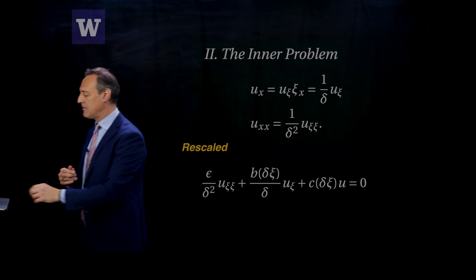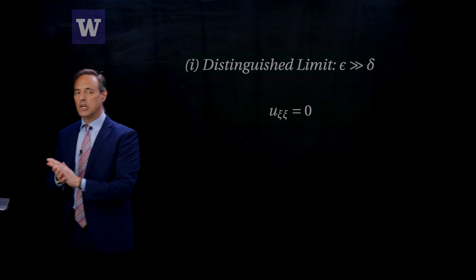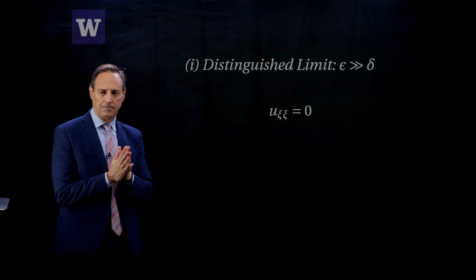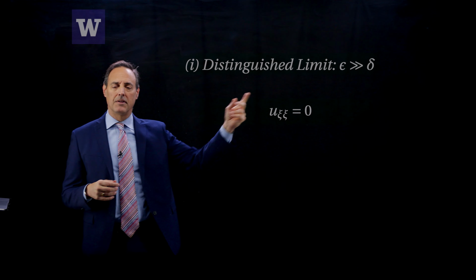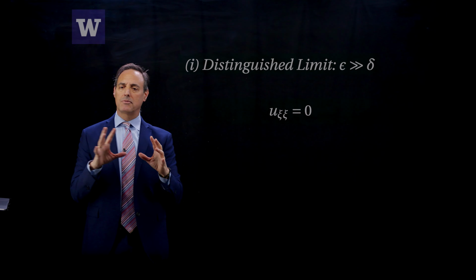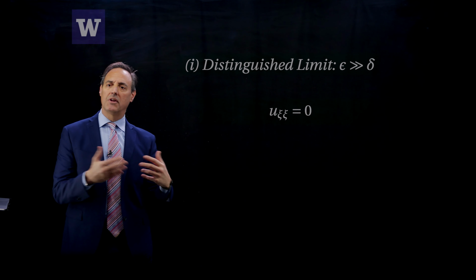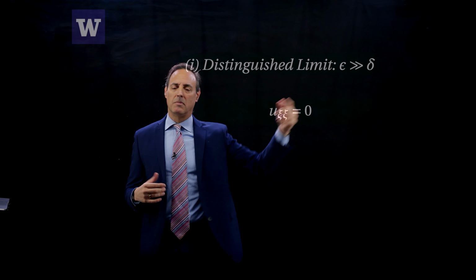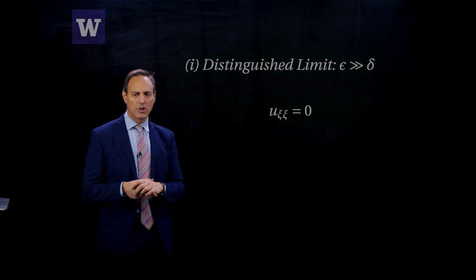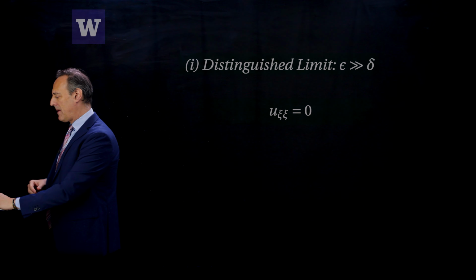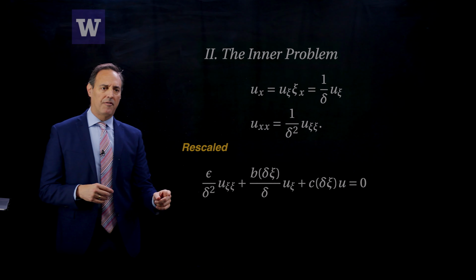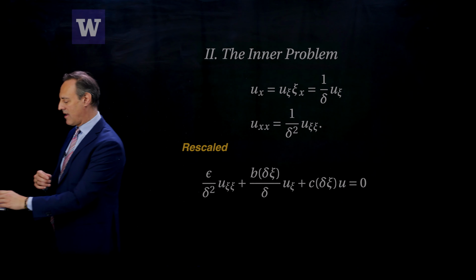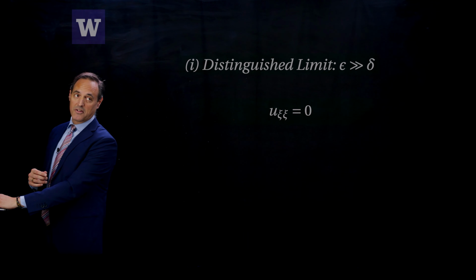So let's look at some of these distinguishing limits. So distinguished limit number 1. Epsilon's just bigger than delta. So remember, delta and epsilon are both small, but even within this small world, epsilon's much bigger than delta. So what does this mean? Well, let's go back to our equations. If epsilon's much bigger than delta, right?